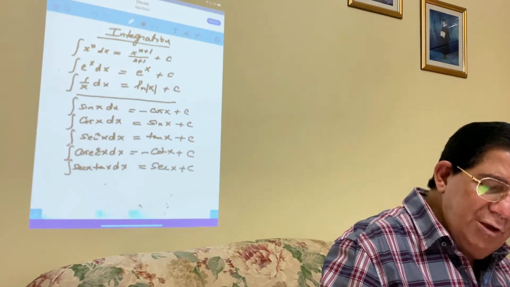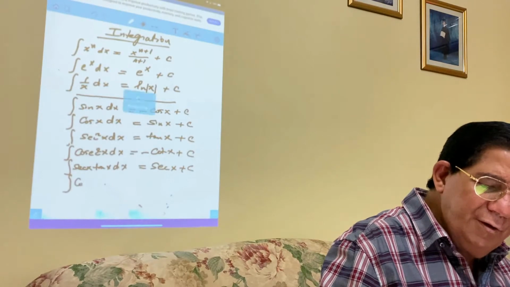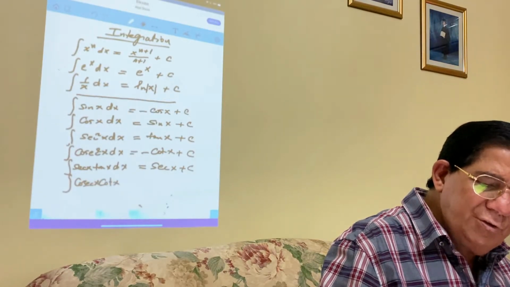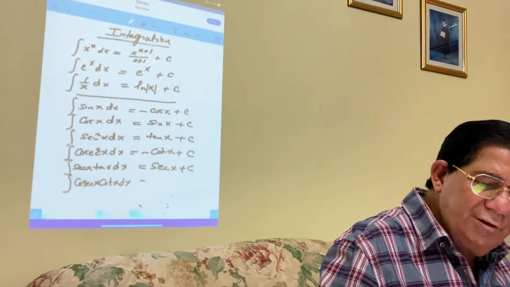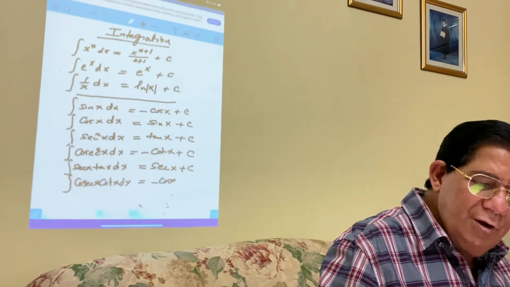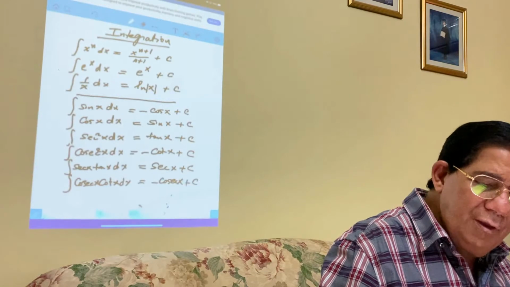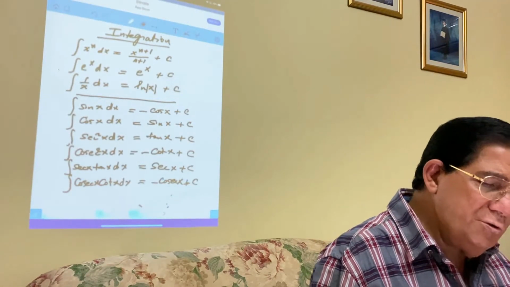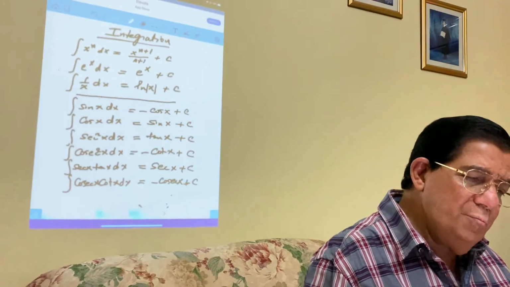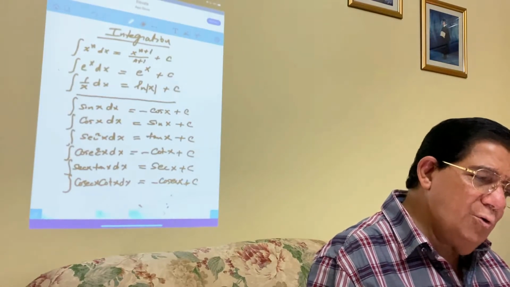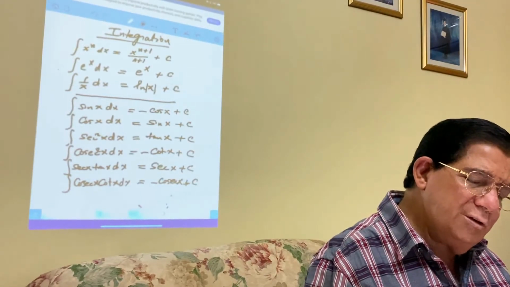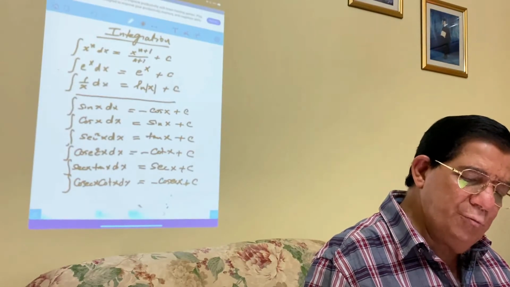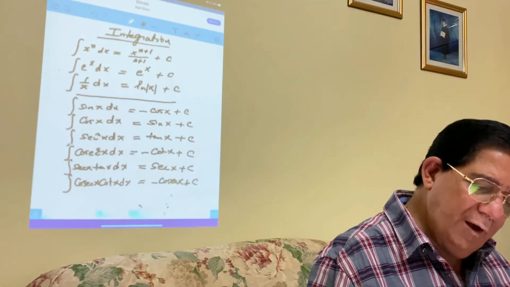What is the integration of cosec x cotan x dx? Negative cosec x plus c. But all these are rules, we know them because we're doing them as an anti-differentiation problem. Fine.